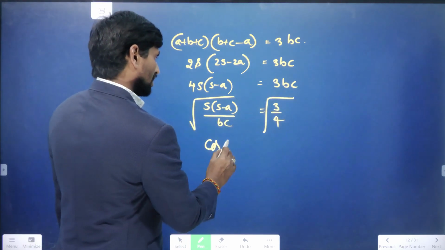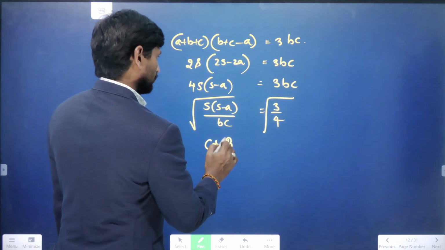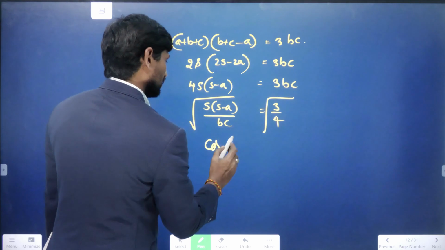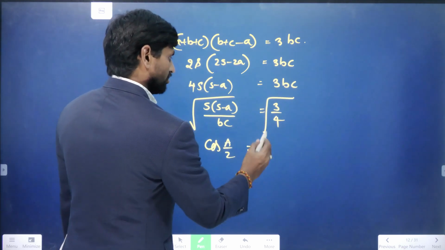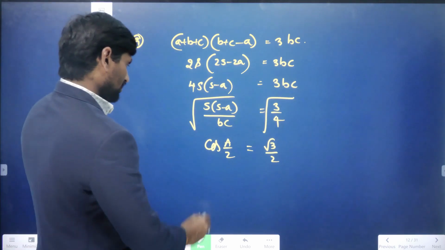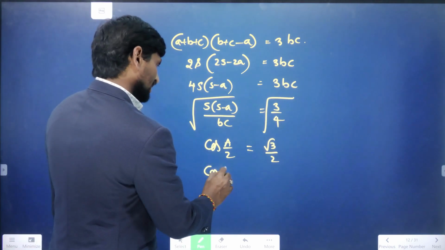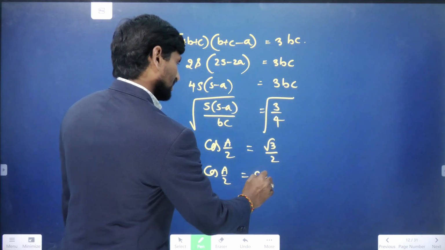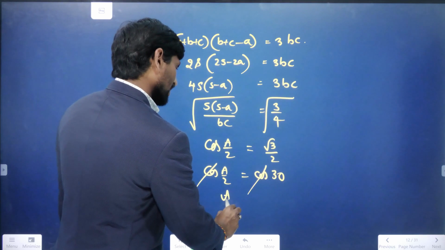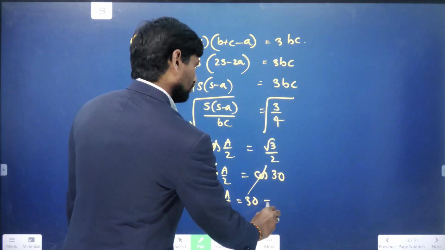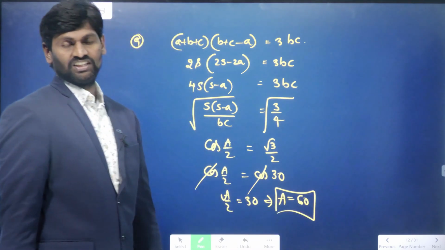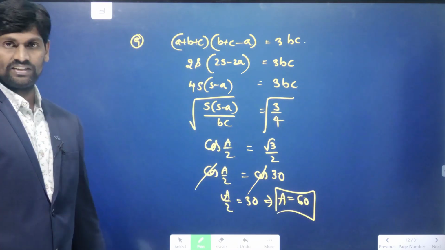This will be the formula of cos A by 2. Cos A by 2 is equals to root 3 by 2. So whenever cos value here, root 3 by 2 is nothing but cos value is 30 degrees. Both sides cos cancel. A by 2 value is 30 degrees. That implies A value is equals to 60. 30 into 2 is 60 degrees. Our required answer is 60 degrees.